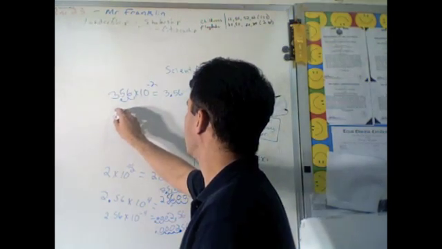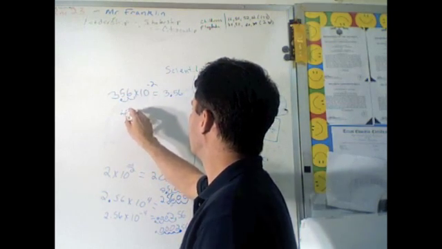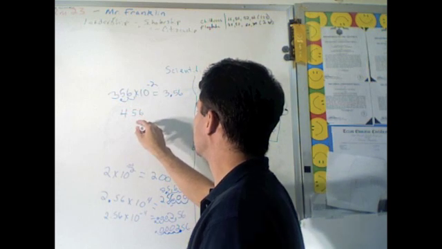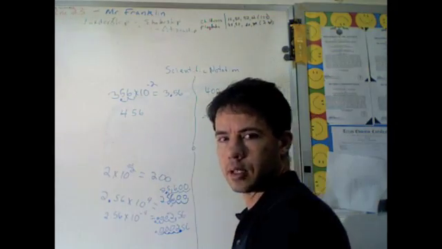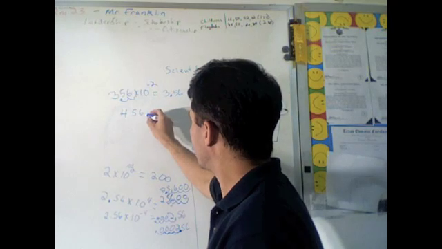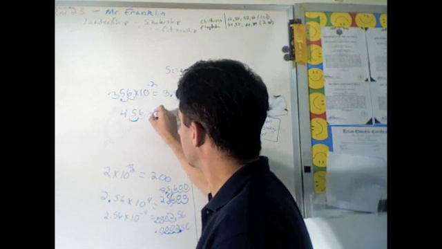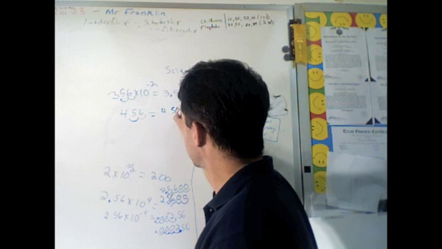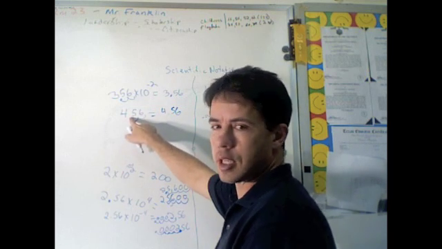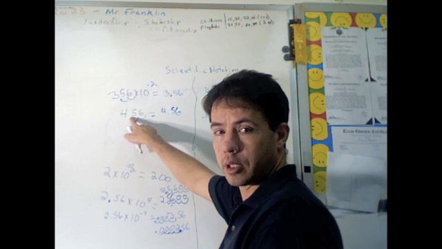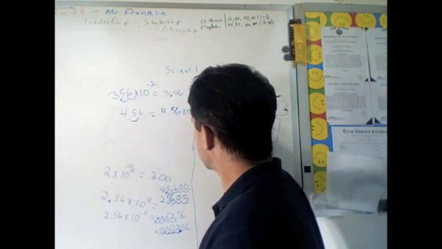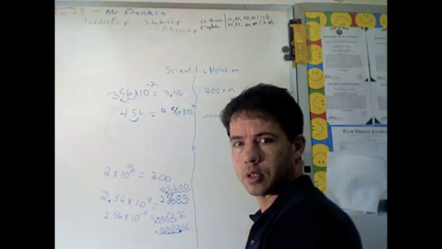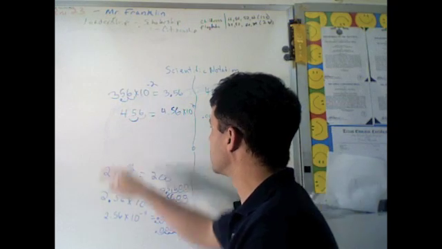How about 456? And I want you to write it in scientific notation. Well, we would take our decimal, go 1, 2, 4.56. Was that a decimal or a big number? A big number. So if it's a big number, it's times 10 to the positive 2, because we moved it 2 places.